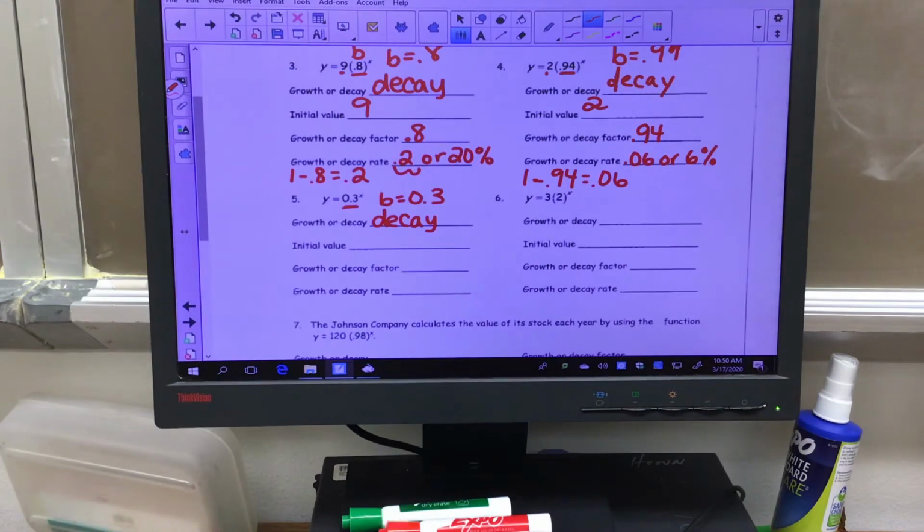So I know I have to actually be multiplying by 1. Anything times 1 is itself. If you don't believe me, check your calculator. My growth or decay factor is my b, my 0.3. So 1 minus 0.3 is 0.7. Move it 2 places. 70%.